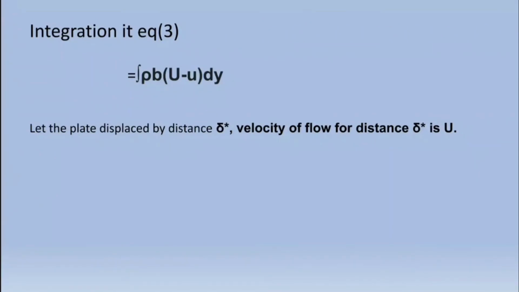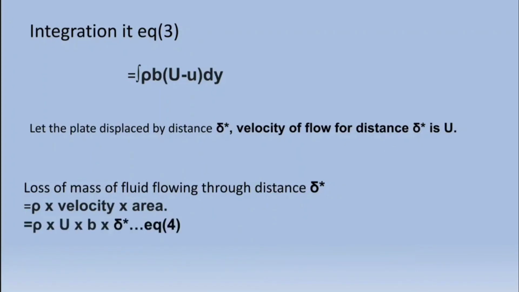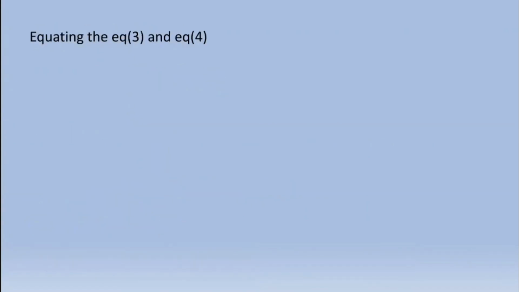The velocity of the flow at distance delta star will be capital U. Now the loss of fluid flowing through the distance delta star is rho into velocity into area, which is rho into capital U into b into delta star, where area is b into delta star, equation 4. Now equating equations 3 and 4, we get this equation.